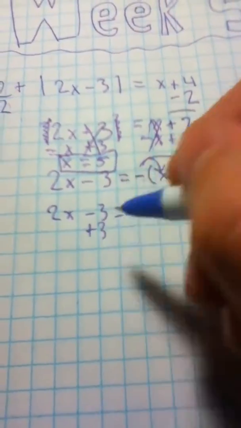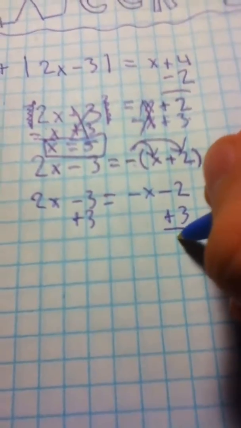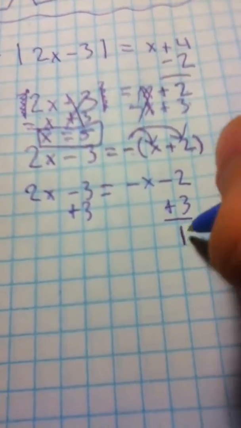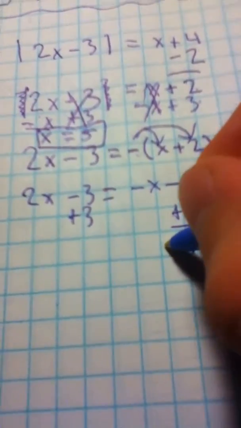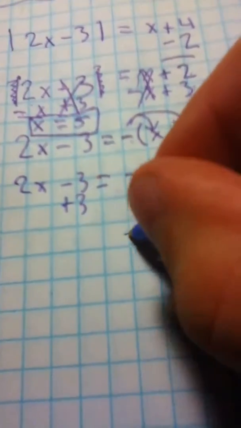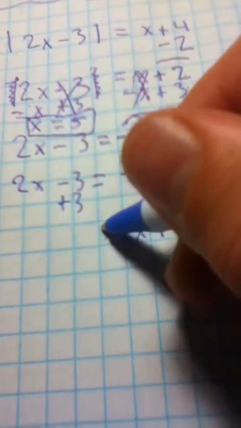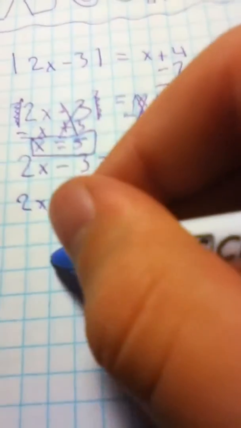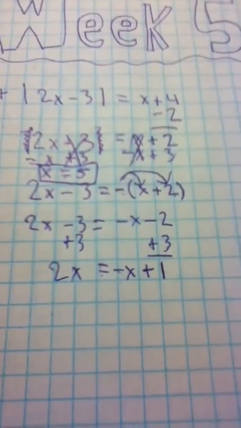We do plus 3 over here, plus 3. That would give us positive 1. And then we put a plus right there, positive, and then we have negative x, and then we put the equal sign right here. And we have 2x. So it would look like this right now.